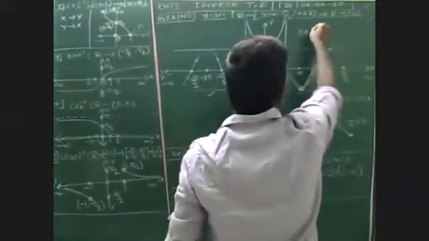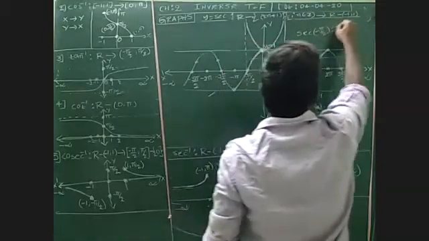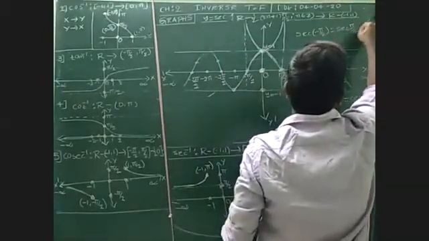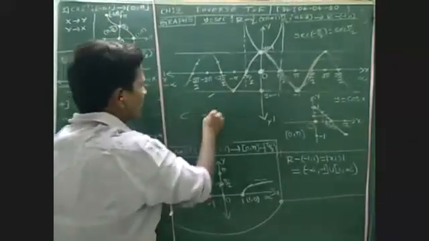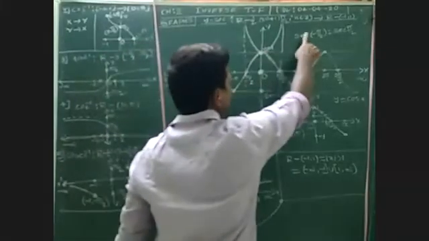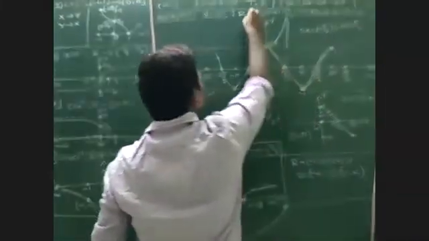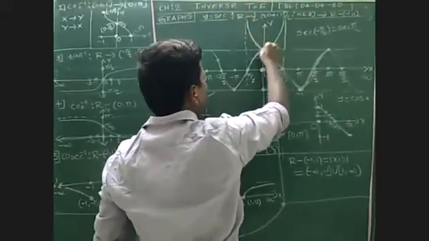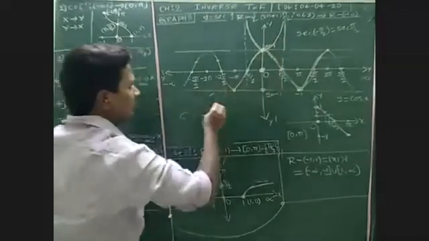Secant of minus theta is again secant theta, because cos is an even function, and 1 by cos means secant x. Secant minus 90 equals secant 90, again infinite. So it will start at 1 and move to infinite. This is one loop.